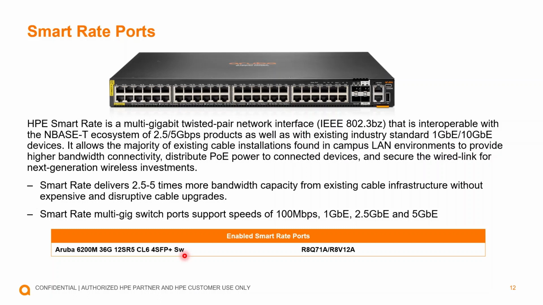Opting for that, our 6200 modular SKU R8Q71A, or its TAA variant R8V12A, supports 36 1 gig ports and 12 Smart Rate ports with capability up to 5 gigabit. This allows customers to achieve the exact combination and balance between Smart Rate and 1 gigabit ports, and also the fiber uplink ports.